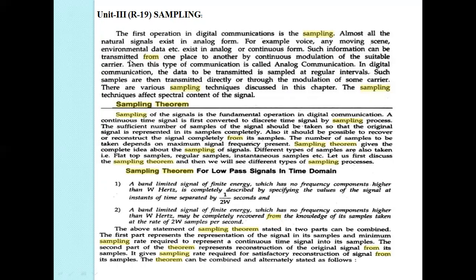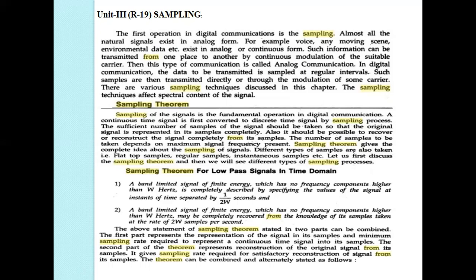Such information can be transmitted from one place to another by continuous modulation of a suitable carrier. What is a carrier? In modulation, a low frequency signal, the voice signal, is modulated with the carrier, the high frequency signal, and carried from the transmitter to the receiver.